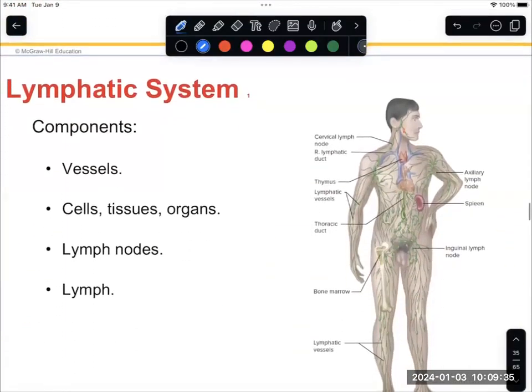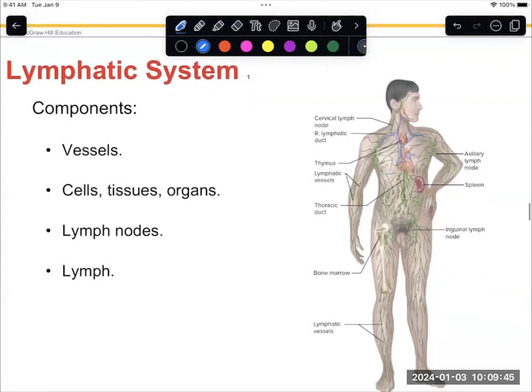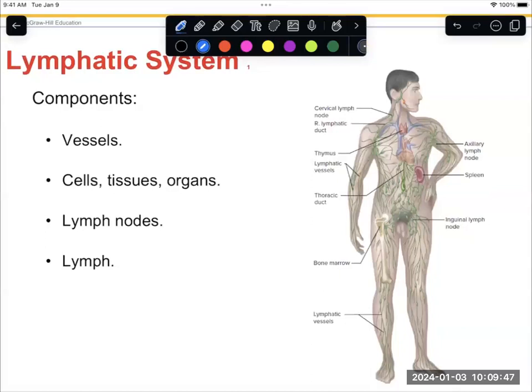The lymphatic system is what helps to protect us against different pathogens that enter into our system. We have lymphatic capillaries, which are all these little green vessels. These lymphatic vessels listed here. Those are those lymphatic capillaries and vessels that are found in almost every tissue in the body. Our lymphatic cells, tissues, and organs produce those different lymphatic cells.